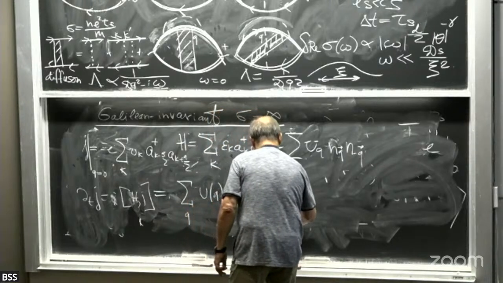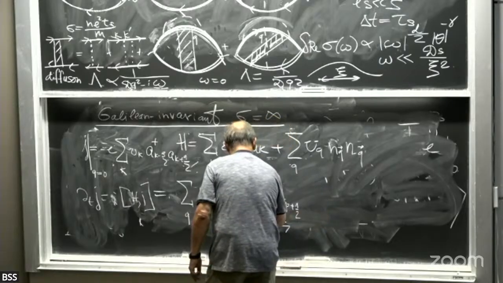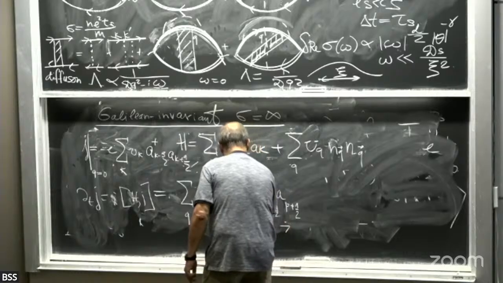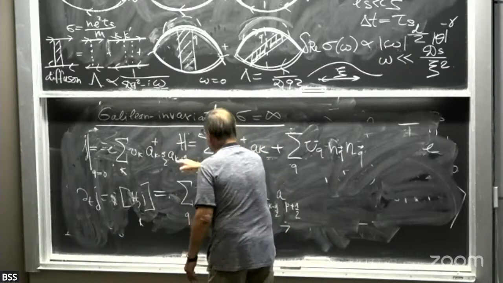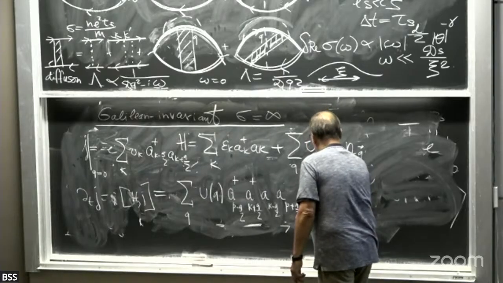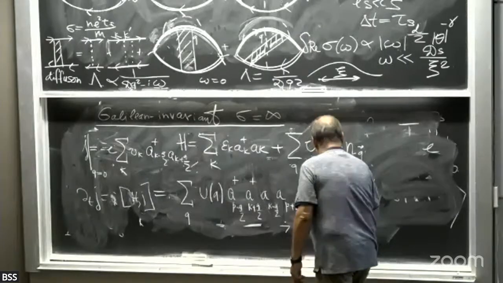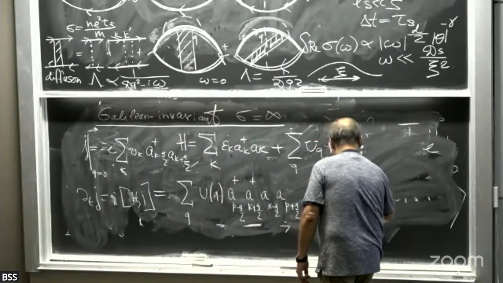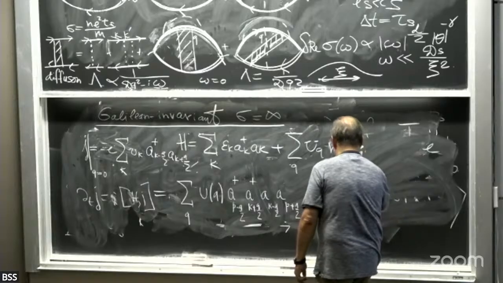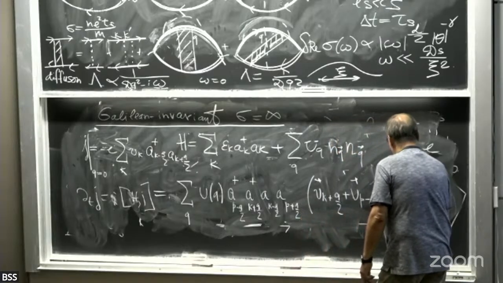But the velocity, which is the group velocity, will enter as the sum of the velocities after collision minus the sum of the velocities before collision.